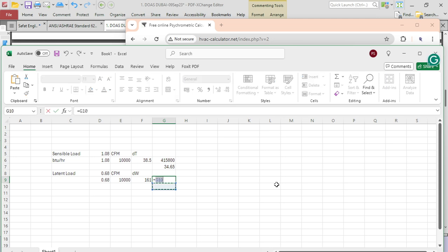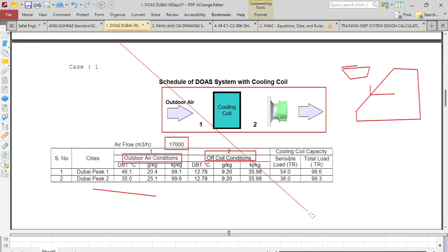So now I'm going to multiply by this value. If I divide by 12,000, I will get 91.2, right? So this is very close to this value.